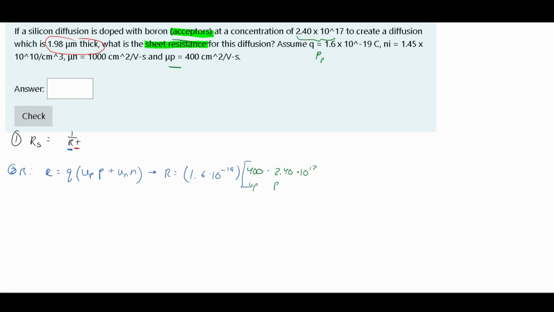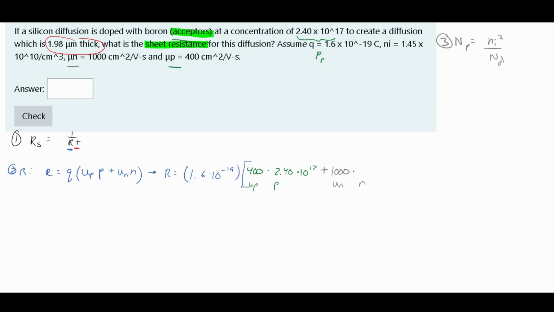Now, what else do we have? We're going to add on to this our micro N and then N. Our micro N is given to us right here as 1,000, and then our N we actually have to find. Looking at page about 29 again, we can solve for this N. We'll call this step 3. N subscript P is equal to N subscript I squared over ND.